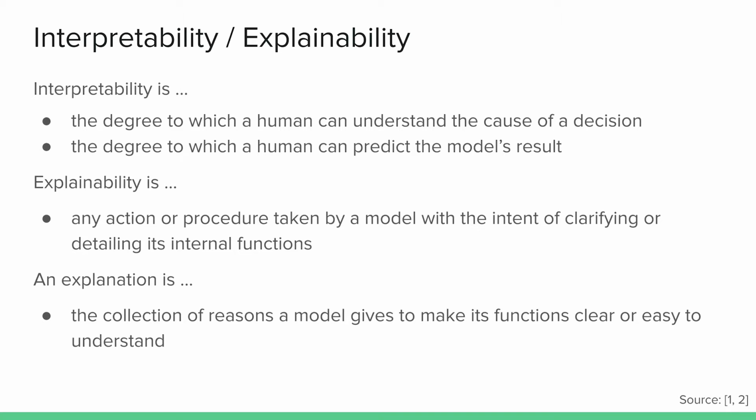And in contrast to interpretability, explainability is an active characteristic. So the model is actively trying to clarify and explain its internal behavior to us. And an explanation, finally, is the collection of reasons the model can give us to understand why it has acted a certain way and make its functions clear and easy for us humans to understand.